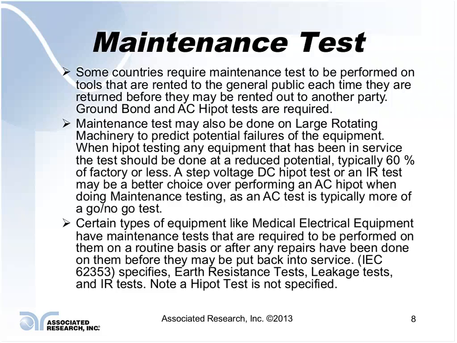And I think a lot of this is misinterpretation of what potential should actually be applied. Typically, when you're doing a maintenance test, the test potentials are normally reduced to 60% of the factory test voltage or less. They're not tested at the same test potential.